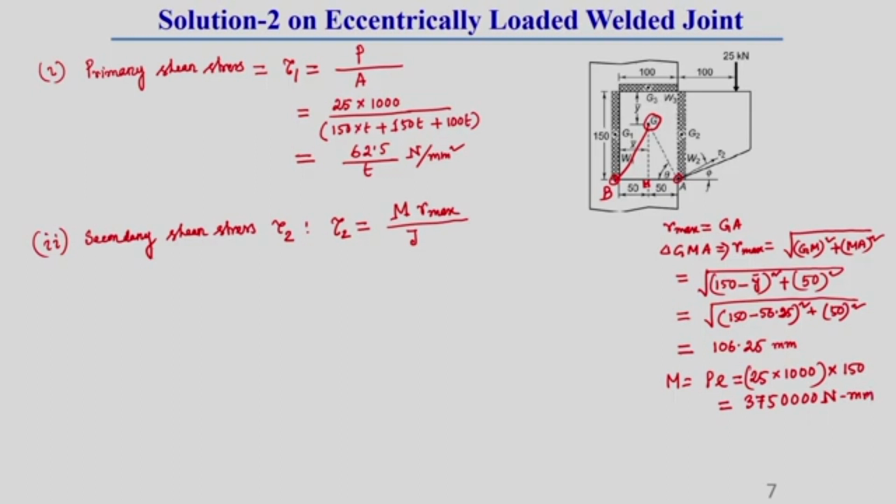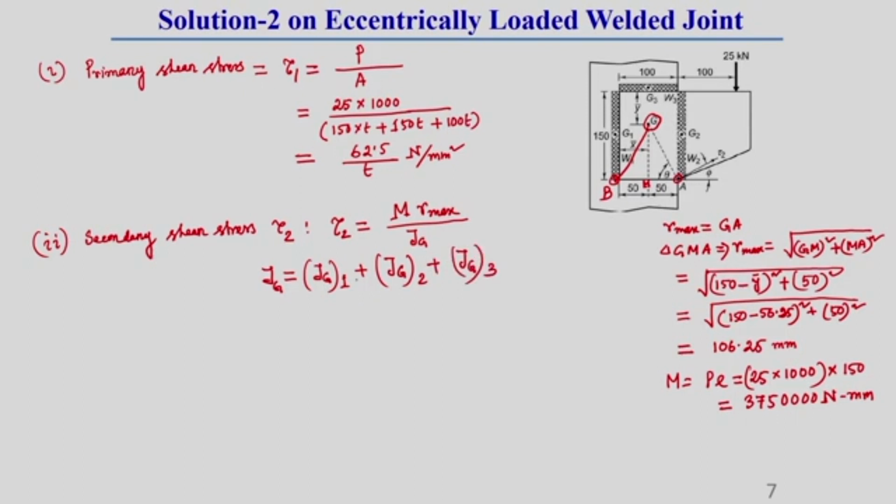Now, another term is there, that is called J. This J we have to find out. So, J is the polar moment of inertia with respect to G. Jg equal to Jg of first weld plus Jg of second weld plus Jg of third weld.